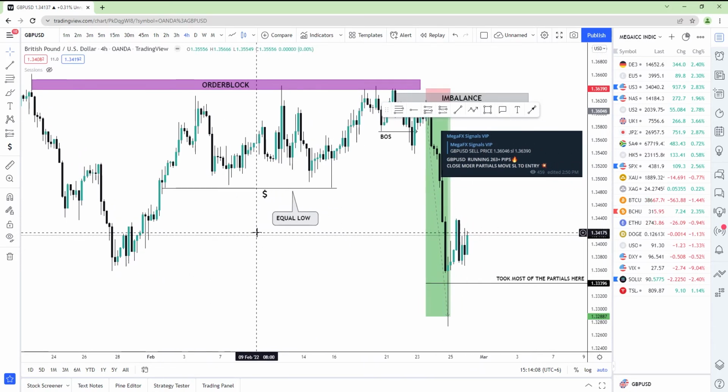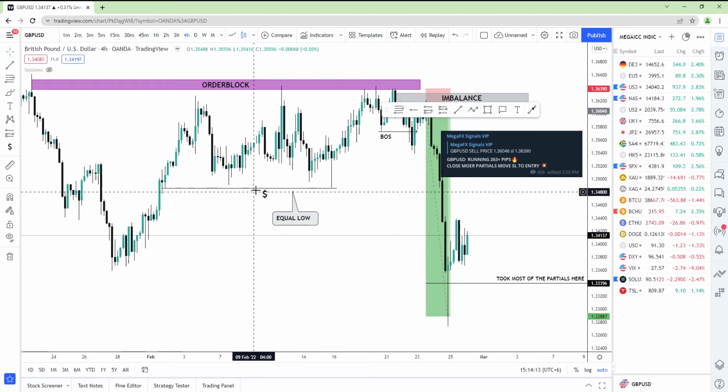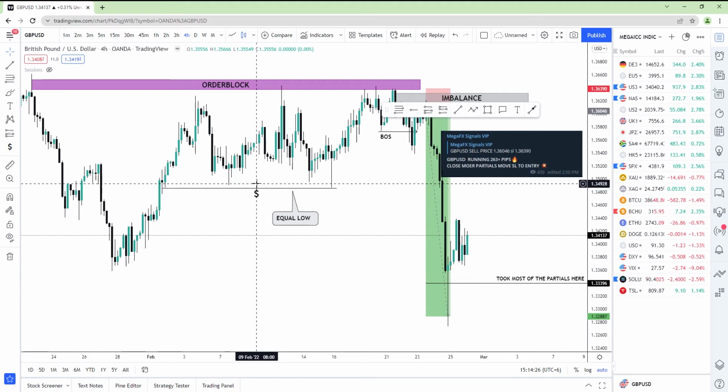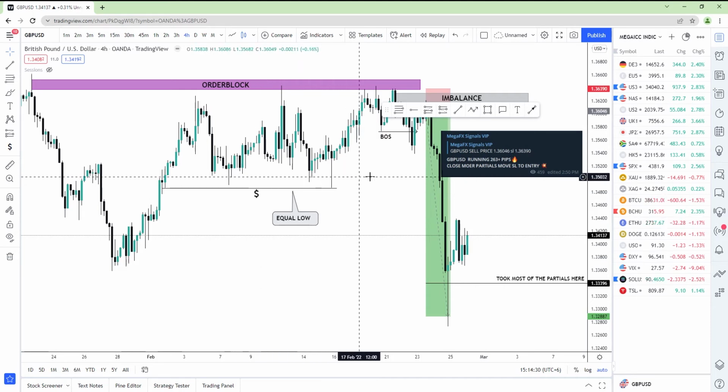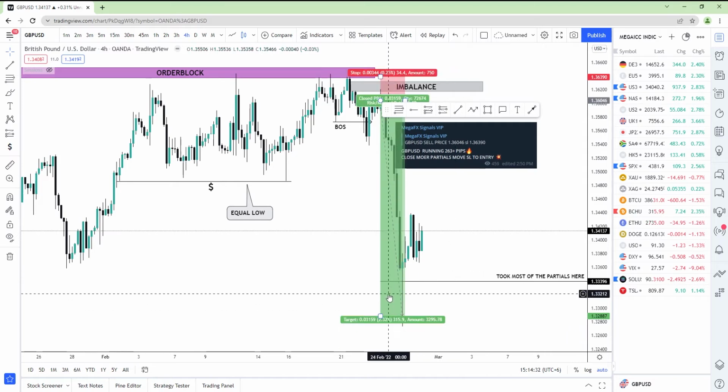So retail traders thought, oh, price is getting rejected from here, so I should put my SL right around here. This SL indicates that there is liquidity, and 9 out of 10 times the market will move towards where it will hurt the most amount of people, and it did, as you can see here.